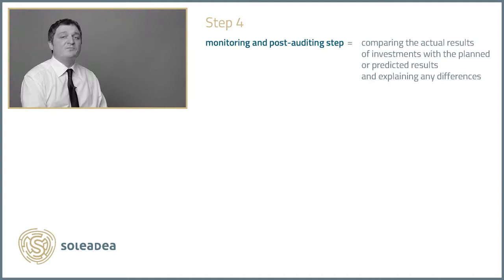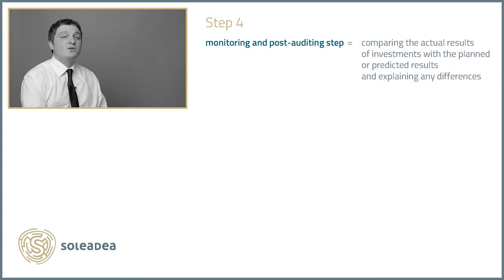In the monitoring and post-auditing step, which is the last stage of the budgeting process, you compare the actual results of investments with the planned or predicted results, and you may explain any differences. You could ask, why should I compare actual results with forecasts if I can't change anything now anyway?